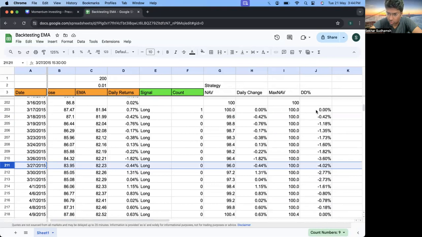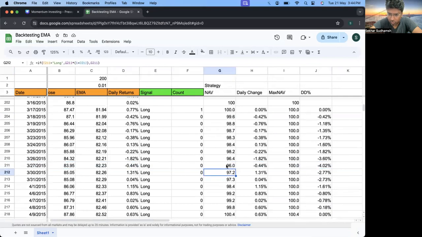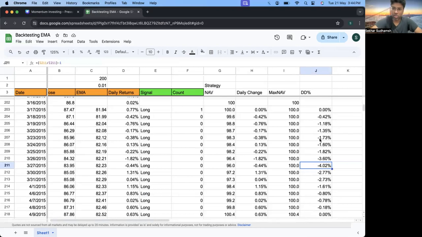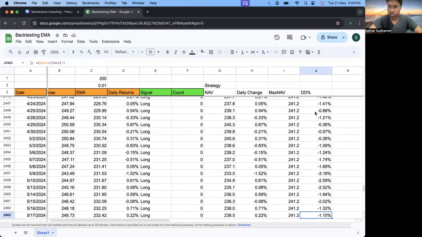The drawdown was gradually increasing as the NAV was falling down. And once the NAV started to recover from 96 to 97 and 98, the drawdown started to decrease. So that is the use case of drawdown percentage formula. In this duration, the max drawdown was on this day, 27 March, at minus 4.02%. So that's the objective of drawdown.